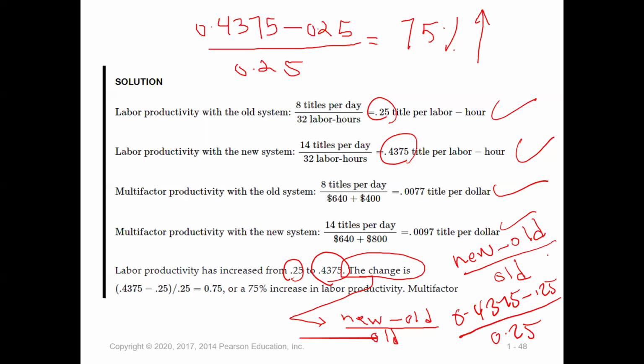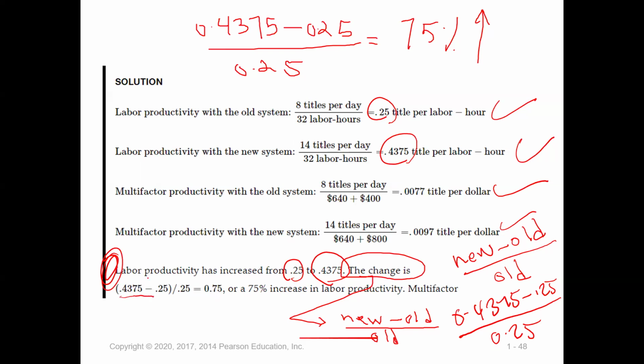Now, let's see the percent of increase. This is a common question. You will see this question in the quiz, in the assignment, in the test, probably. The change in the productivity: the labor productivity was 0.25 and it changed to 0.4375.